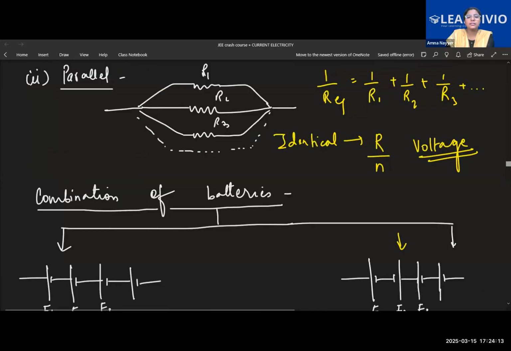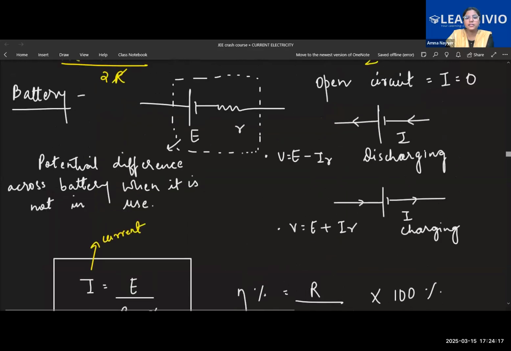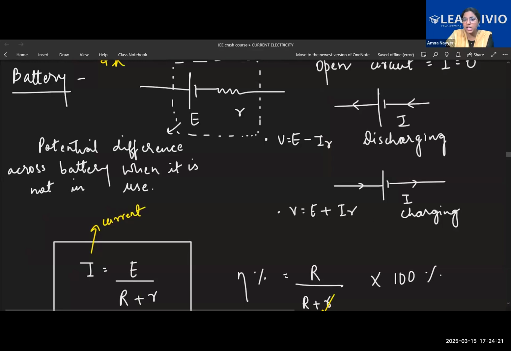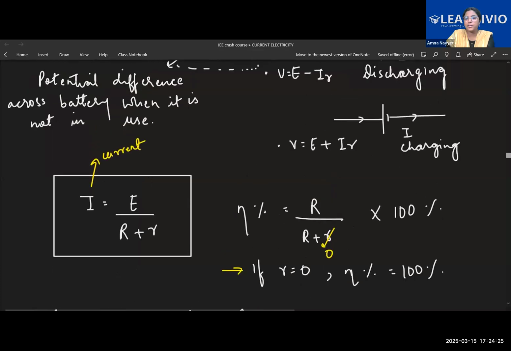Before starting with Wheatstone bridge, from this battery segment, just write the equation of discharging, charging, and this efficiency part.